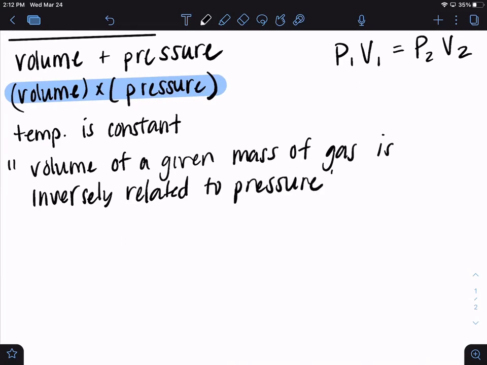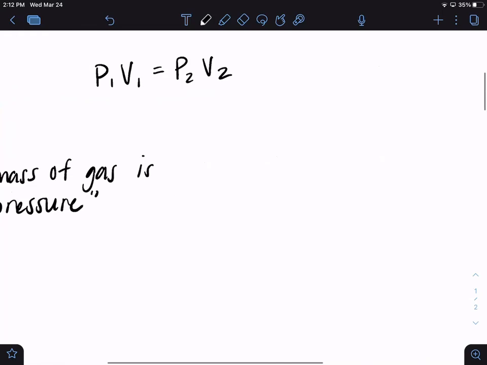Which makes sense, right? So let's say, hypothetically speaking, I was given an initial volume, so V1, an initial pressure, so P1, and then I was given a final pressure, we shall say. I'm starting to look for V2. What we'll do is we'll divide this by P2.